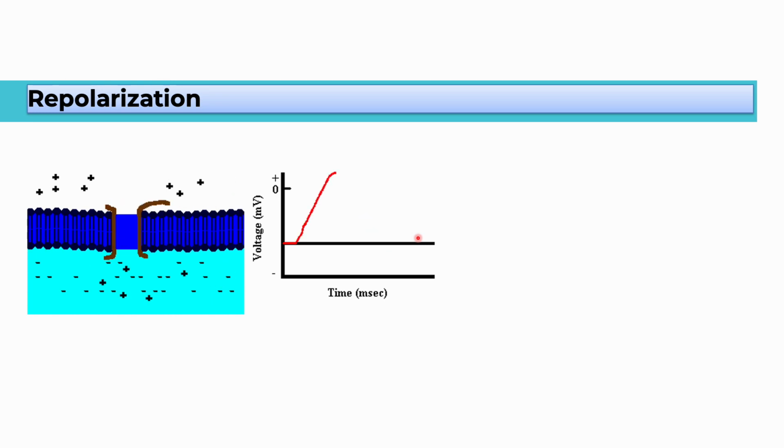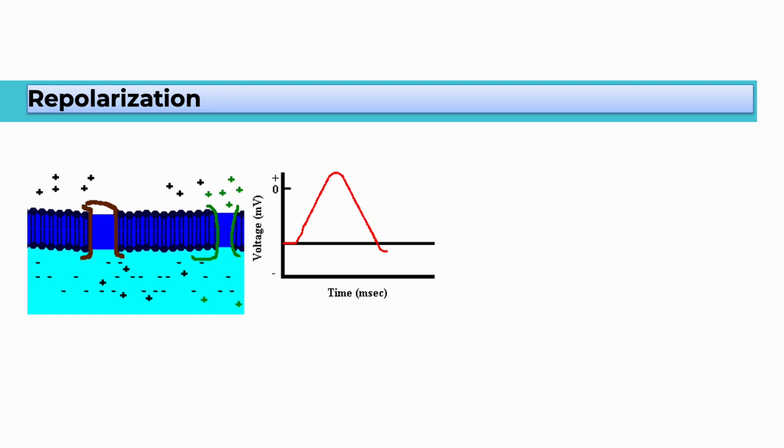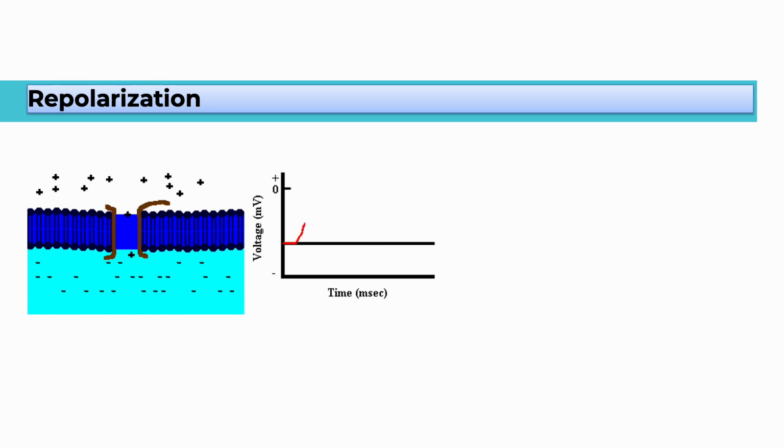And this happens because the potassium channels that were activated during repolarization stay open for a brief period longer than is necessary. Eventually, the potassium channels close and the membrane potential returns to its resting potential of around minus 70 millivolts.